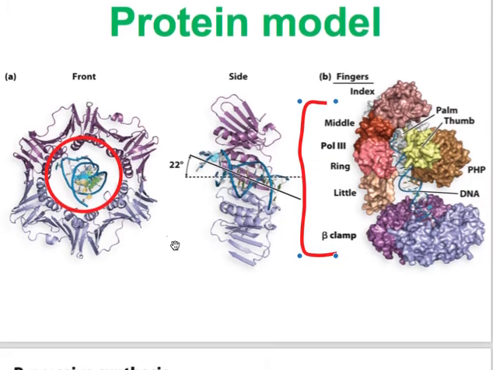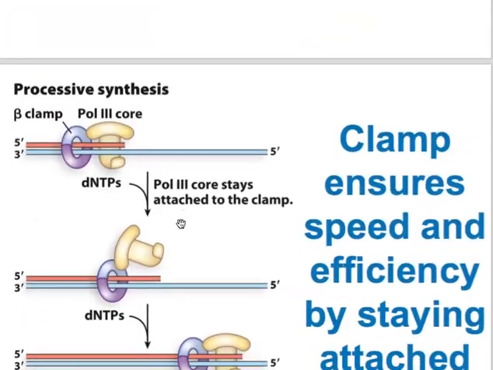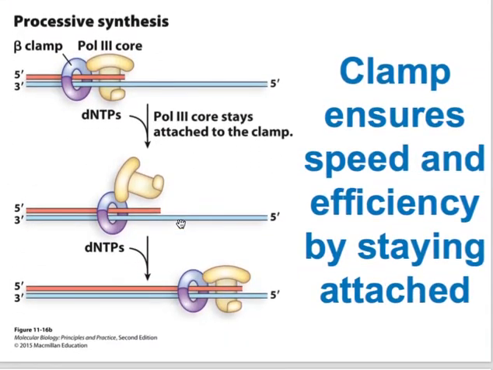and also detect damage. So, a very important point of replication is the clamp. There are eukaryotic versions of this. So beta clamp is the prokaryotic version. What a clamp does is it is kind of the docking site for the big polymerase cores. The polymerase cores have a hard time finding their way to DNA, and a hard time going really quickly.